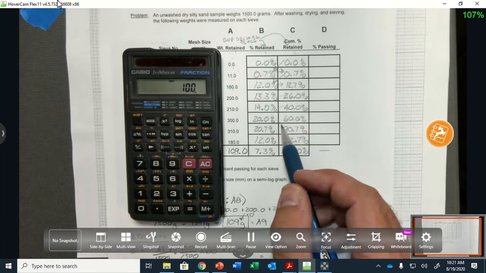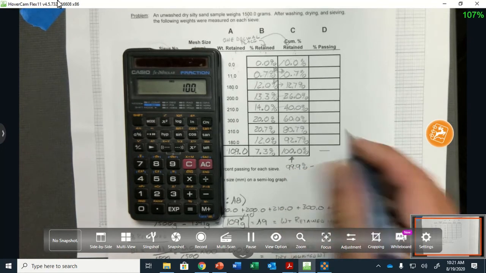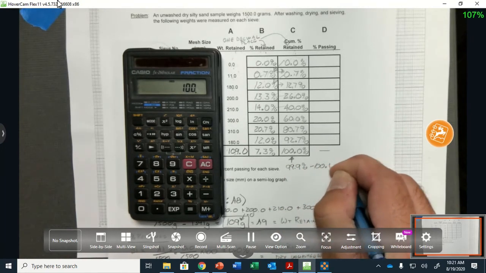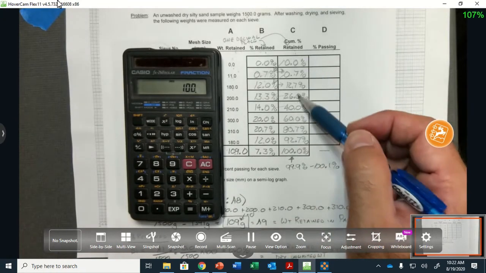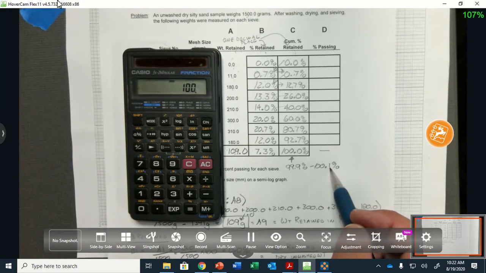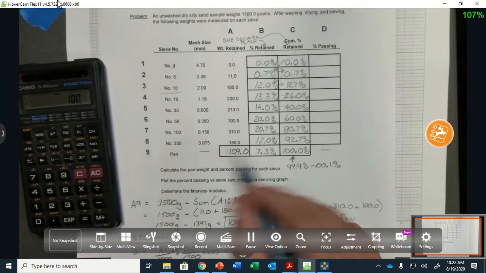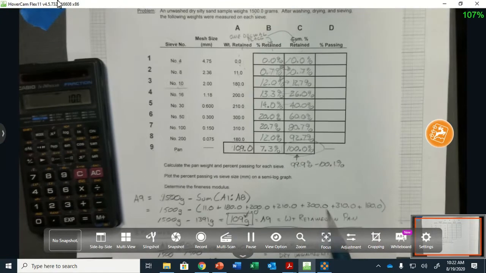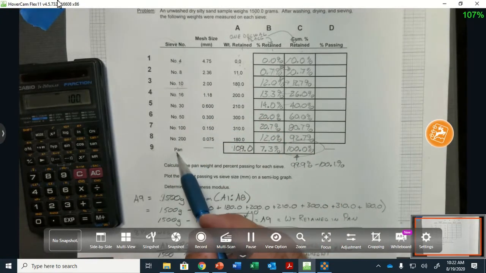Now, depending on your rounding, because you may round these numbers, since I need it to the tenth, you're either rounding up or rounding down, this number will be between 99.9% and 100.1% due to rounding. Once in a while, if you're always rounding up, we may go above, maybe 100.2%, but that's rare, okay? So this cumulative percent retained in the pan, does that make sense? That should be 100% of the material. I took all this sample and dumped it out and it should be sitting in the pan.